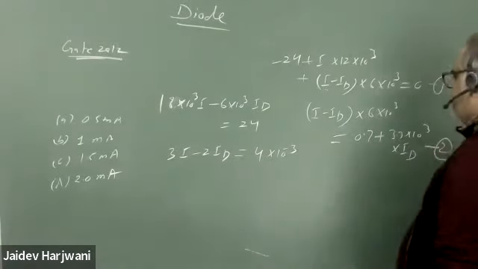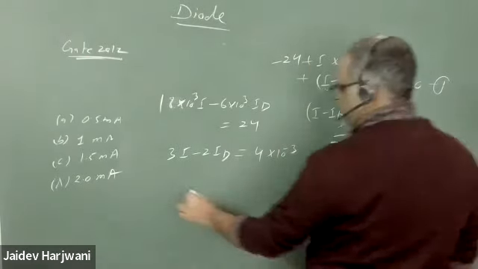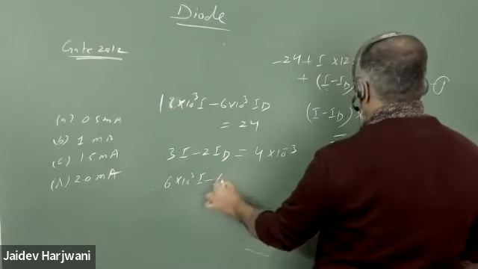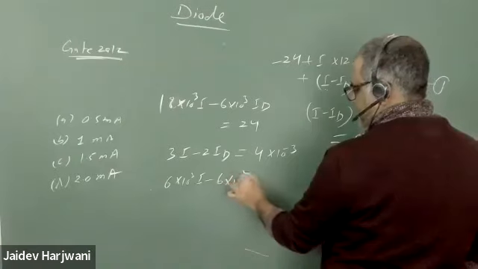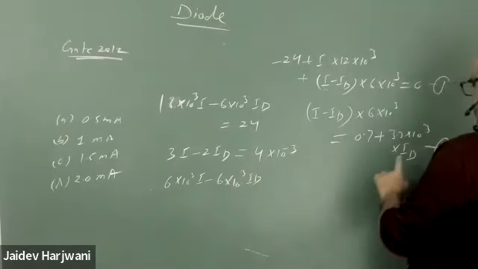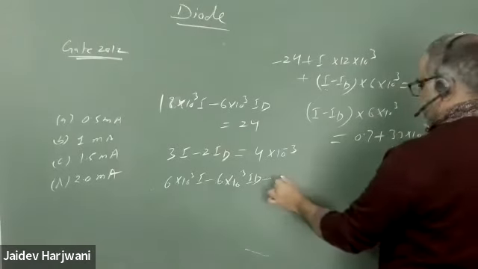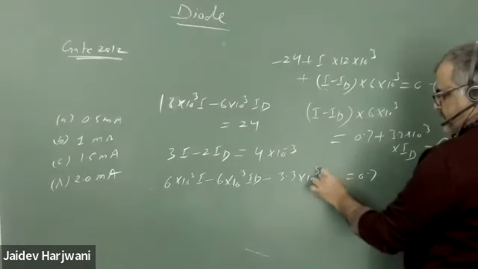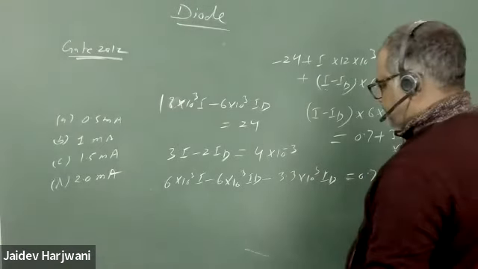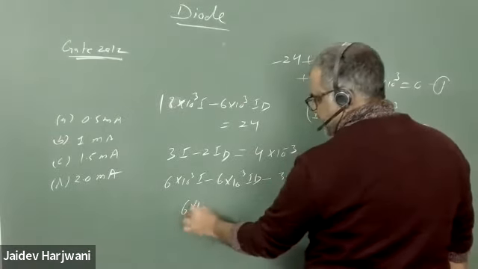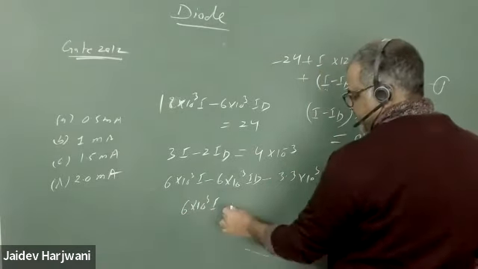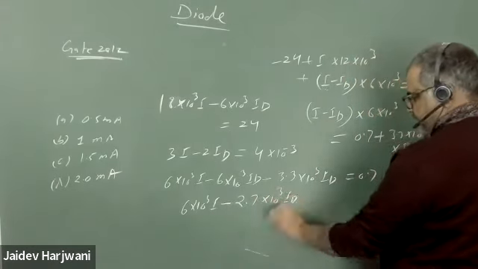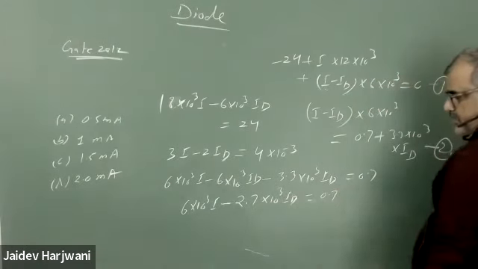Similarly, you can solve this one. Here you have 6 into 10 raised to power 3 I minus 6 into 10 raised to power 3 ID, and minus 3.3 into 10 raised to power 3 ID, equals 0.7. This becomes 6 into 10 raised to power 3 I minus 9.3... minus 2.7 into 10 raised to power 3 ID equals 0.7.